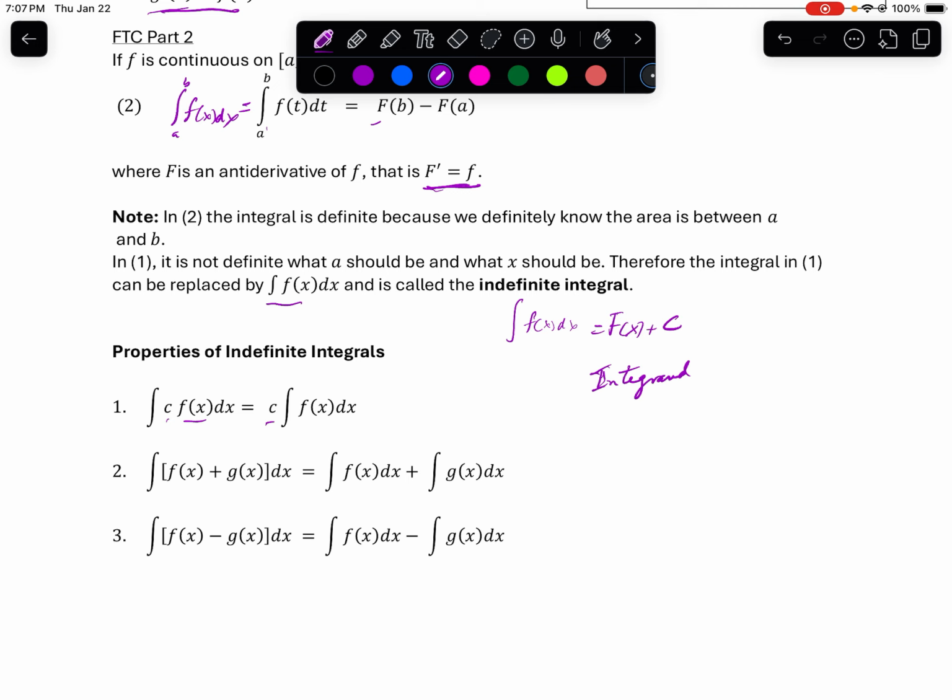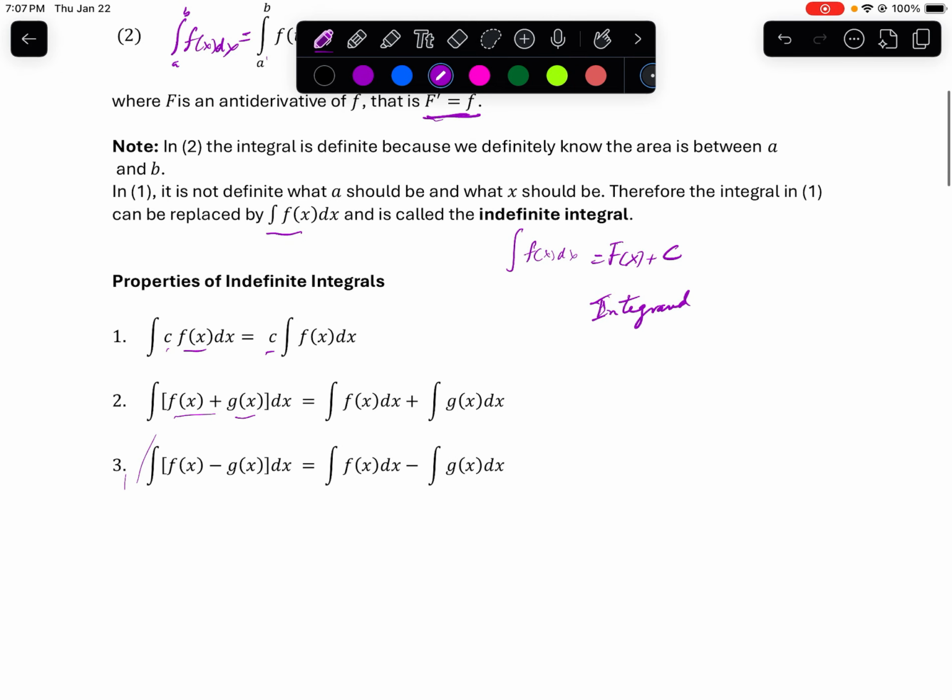The second property says that if you have two functions being added and you are finding the integral of the sum, then it will be the same as the sum of the integrals. So the integral distributes over the sum. Same thing happens with the difference.